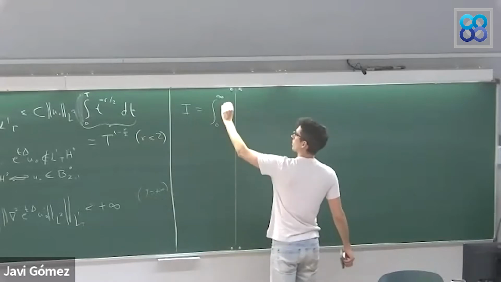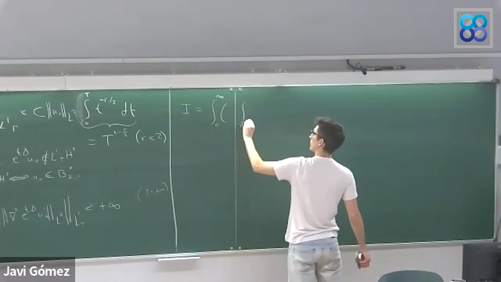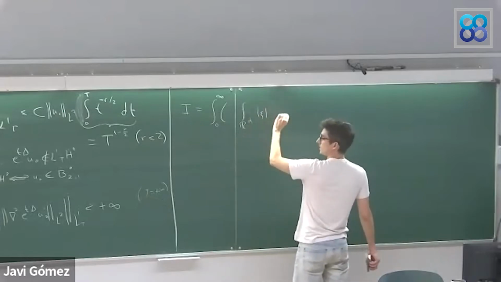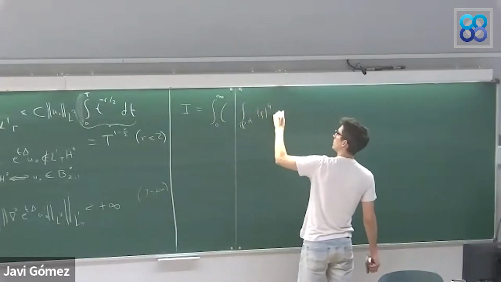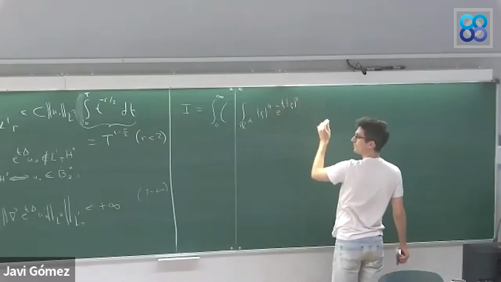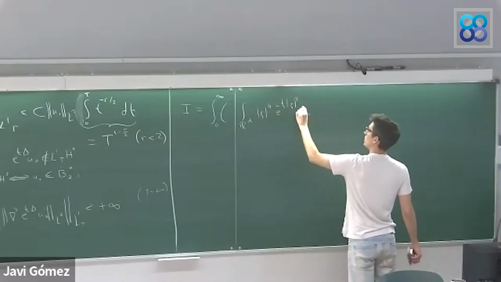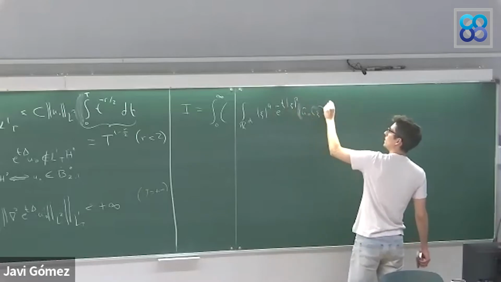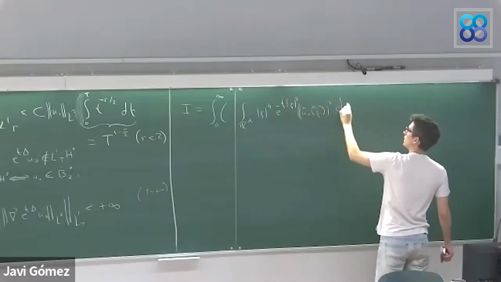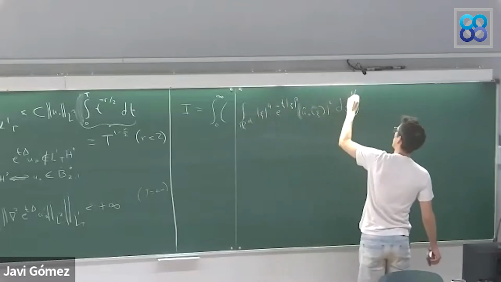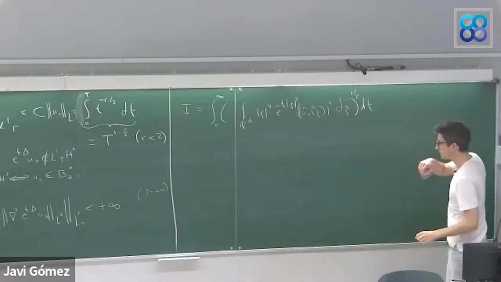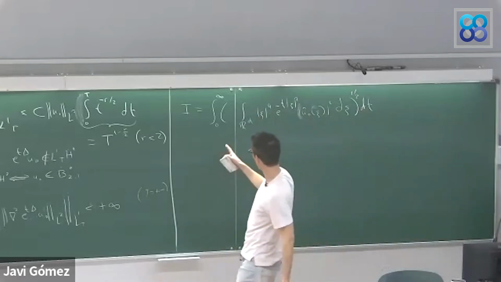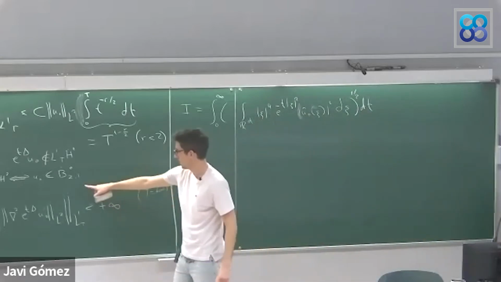And now the L2 norm. I write the L2 norm in Fourier. And in the end, I want to see that if this is true, this is not true.